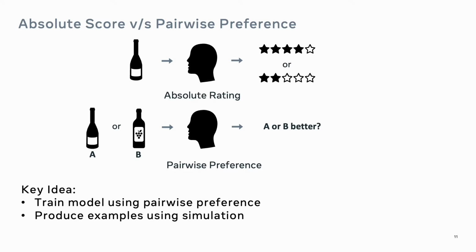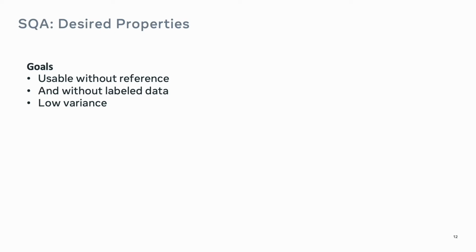The key idea that we are trying to explore is, 1, to obtain a low variance estimator for speech quality by training a model using pairwise preference, and 2, that all these pairs can be produced entirely using simulation. Therefore, our focus is on creating a framework that is usable in real-world settings that does not require any reference. Moreover, the dataset should be easy to curate and should have low variance, making it easier to train a neural network model upon.